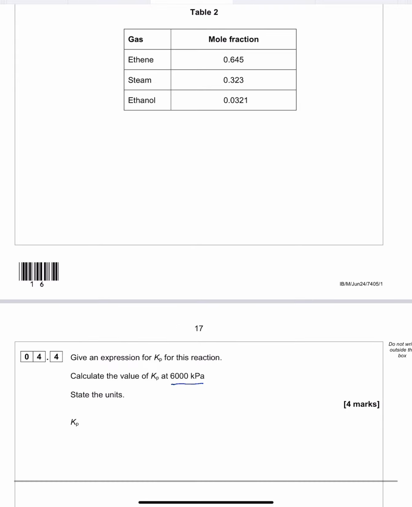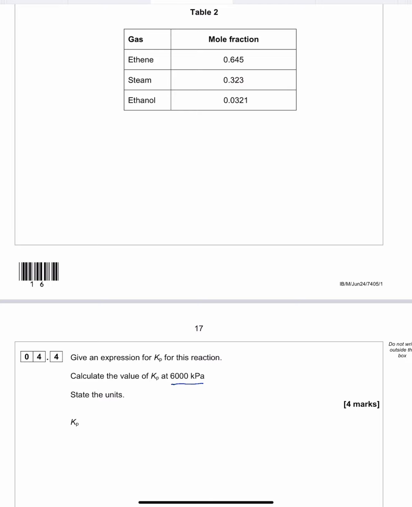So we need now to calculate the partial pressure for each of these reactants and the product, put the Kp in the correct expression and calculate the value. The partial pressure of each will be the mole fraction of each multiplied by the total pressure.